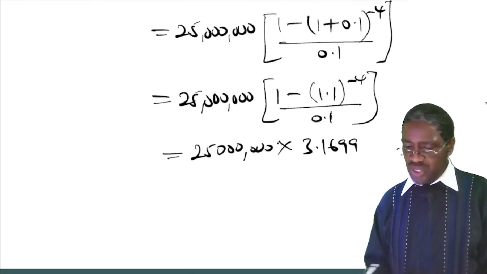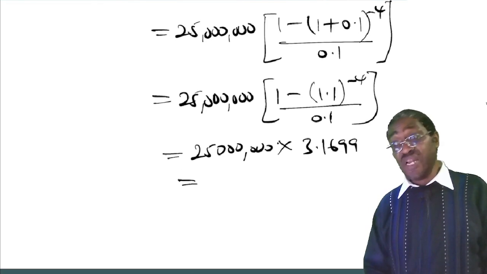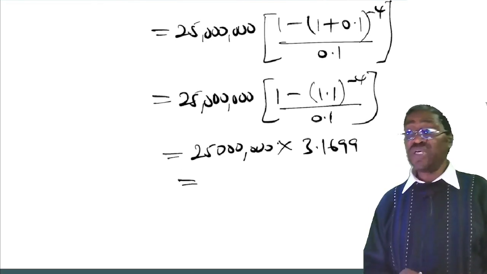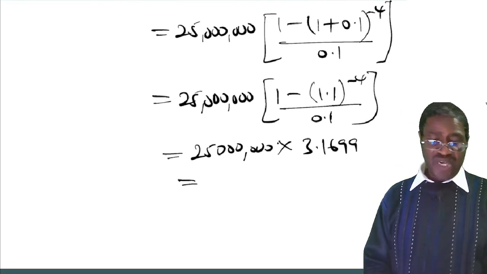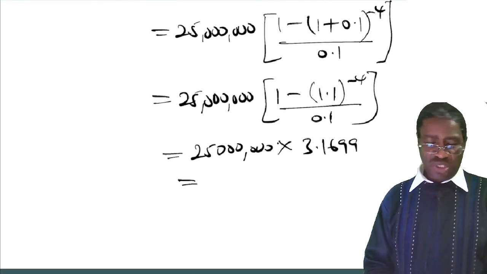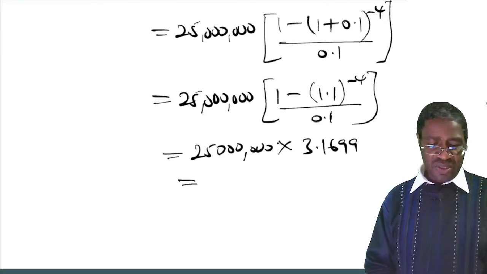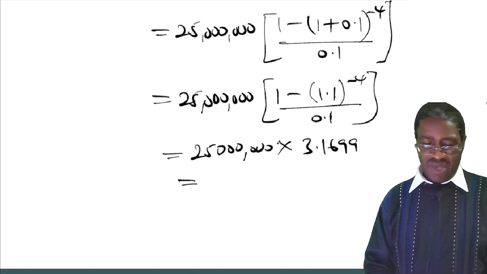Good. What is my 100 million going to be as the present value? So I take that 25 million and multiply it by 3.1699.